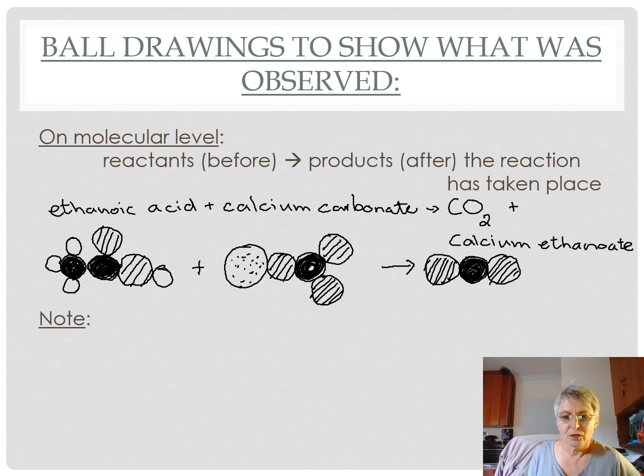So ethanoate has got 2 carbons joined together. And the second carbon's got 2 oxygens joined to it.